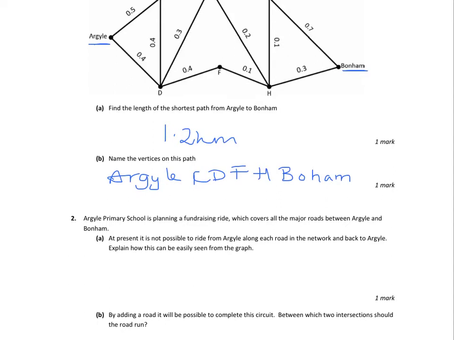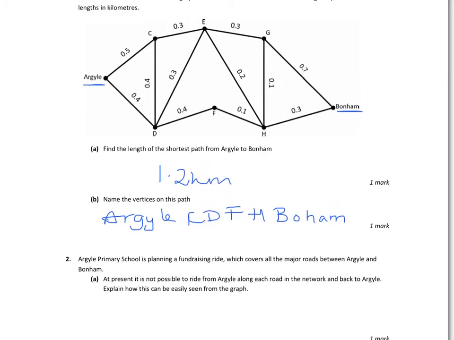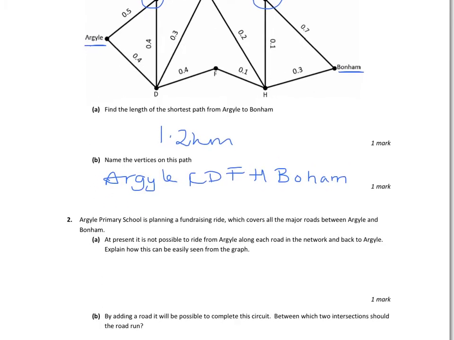for an Euler circuit. So if we look back at the graph, we can see that we have odd vertices. Vertex C is odd and vertex G is odd. The rest are even. So that tells us we have an Euler path, but we can't actually make an Euler circuit.